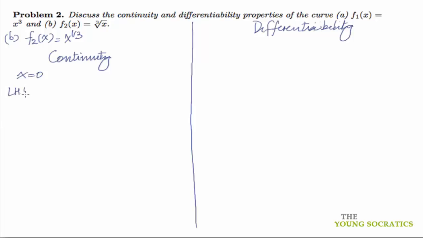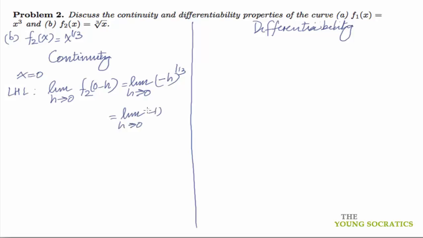So let's analyze what happens at x equal to 0. The left hand limit will be equal to the limit as h goes to 0 of f2(0 minus h). This will be the limit as h goes to 0 of (minus h)^(1/3). This will be (minus 1)^(1/3) times h^(1/3). Note that this is minus 1, it's a constant, it comes out, so minus 1 times the limit as h tends to 0 of h^(1/3), which is 0.